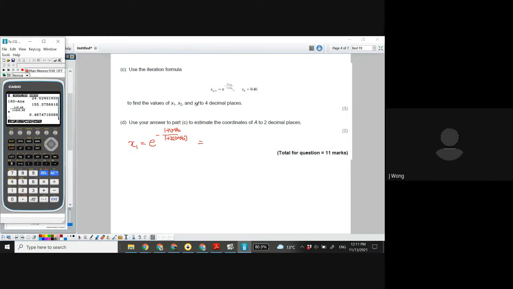When we look at the question here, they want the values to 4 decimal places. So in order to find an accurate measure for x2 and x3 coming up, we're going to use the exact value, but the number that you print as the answer should just be 4 decimal places. So that's why you're just going to have 0.4675.